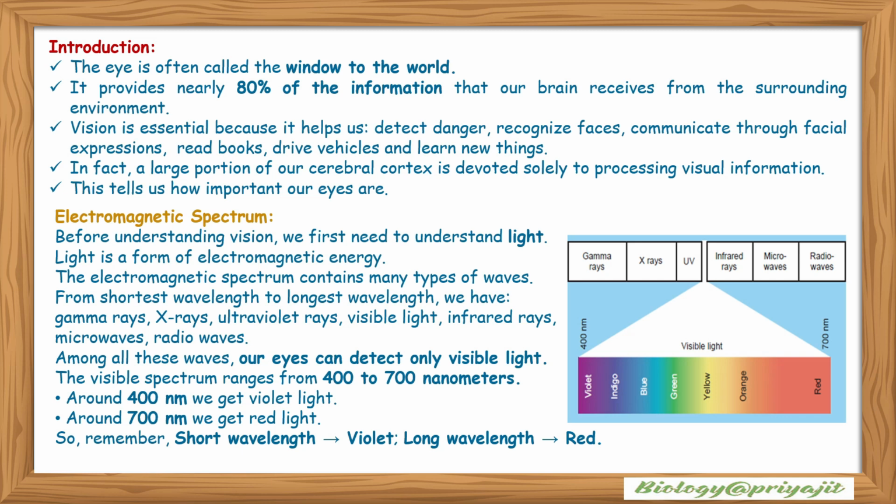Among all these waves, our eyes can detect only visible light. The visible spectrum ranges from 400 to 700 nanometers. Around 400 nanometers we get the violet color, and around 700 nanometers we get the red light. So remember, short wavelength is violet and long wavelength is red.